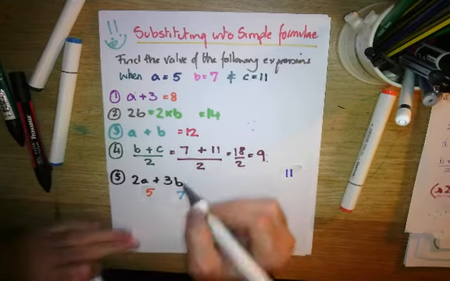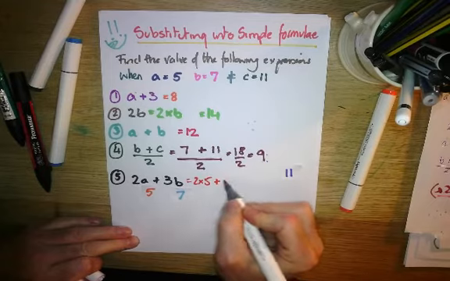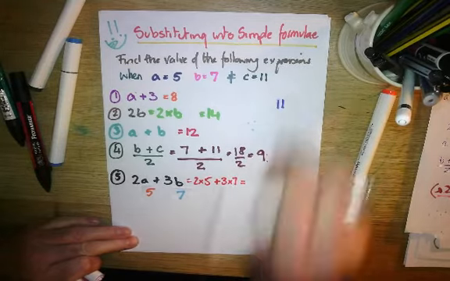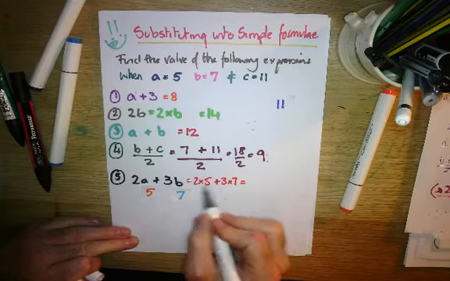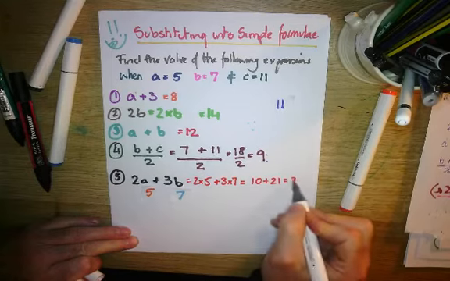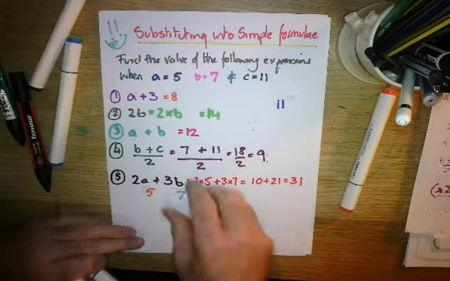So I'm going to do 2 times my 5. That means it's 2 times 5 plus 3 times 7. And don't forget BIDMAS, do the multiplying before the addition. That's 10 plus my 21, 31.